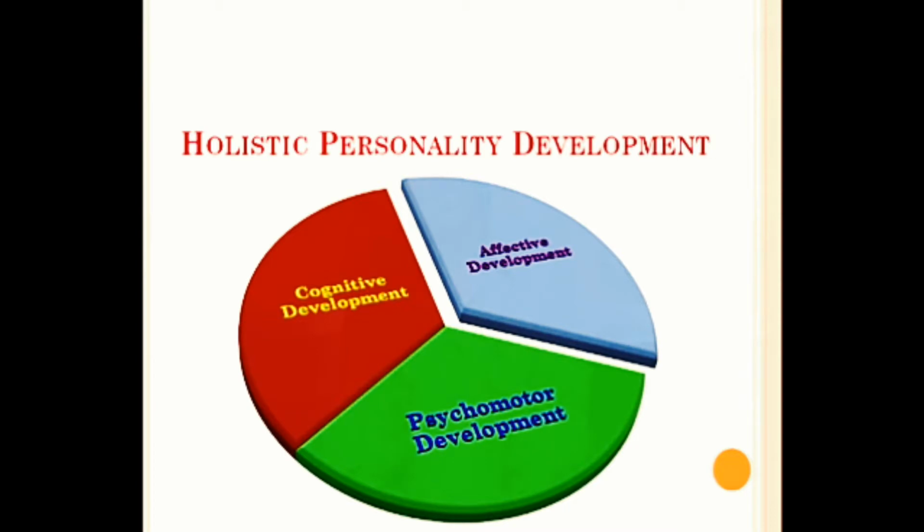You can see on the screen that cognitive development is related to the head, to intellectual capacities, the mental abilities of the child. So, the holistic development includes cognitive development. That means we are interested in the development of the child in terms of his mental faculties or intellectual abilities. Second is affective development, which is related to attitudes, values, habits.